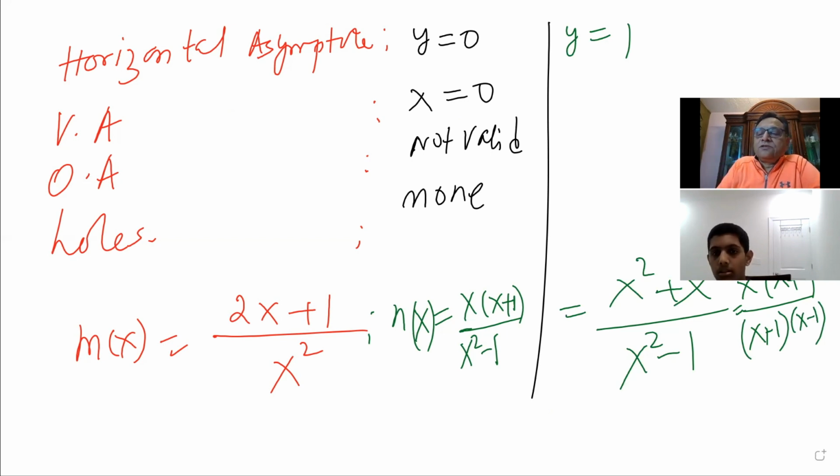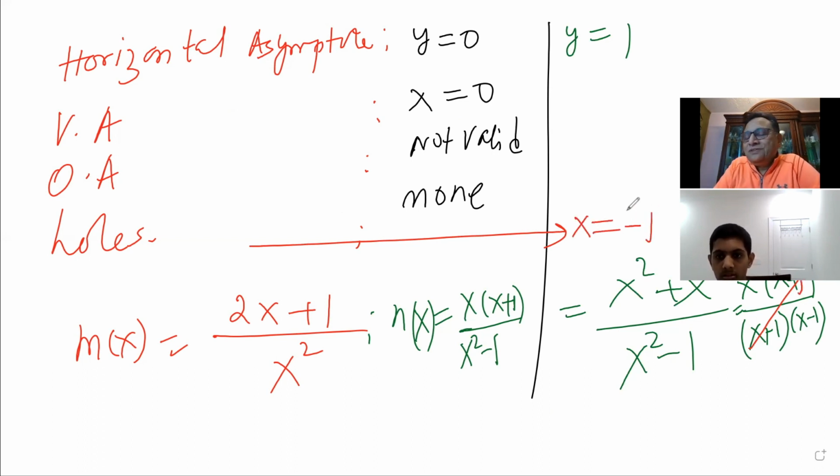So one of them cancels, and therefore there will be a hole also. The hole in this particular case will be at the cancelled factor x plus 1, which is x equal to minus 1. Do you see that? And the vertical asymptote will be at x equals 1. Is that okay? You get it? And when you have a horizontal asymptote, you cannot have an oblique asymptote.